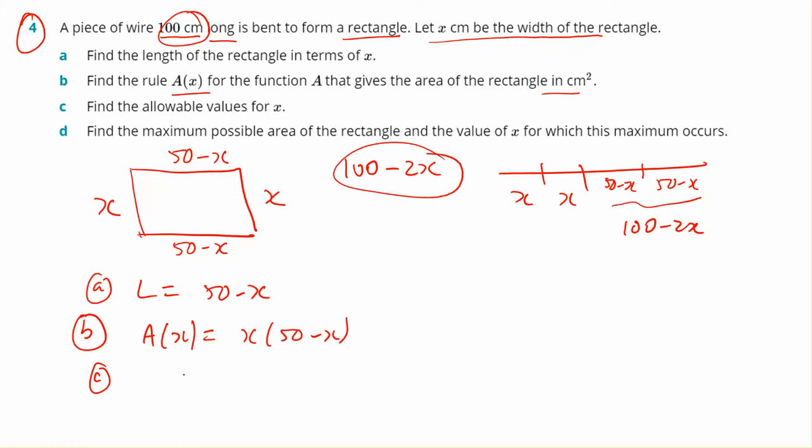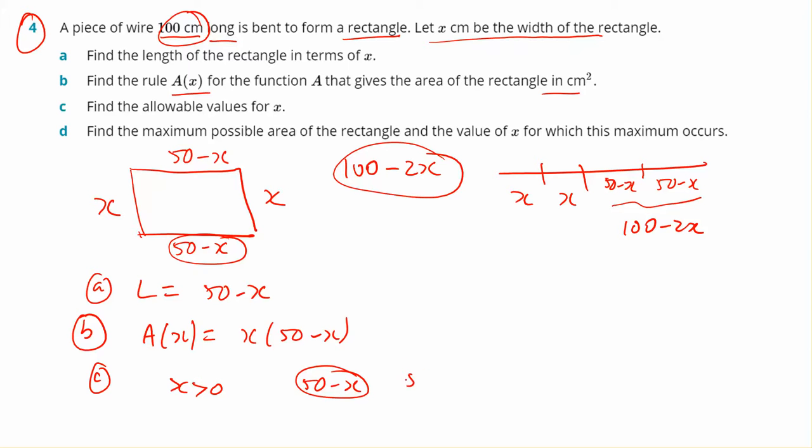We know that obviously x has to be greater than 0. Also, the length is 50 minus x. Now, 50 minus x has a restriction on its own because we don't want this overall to be negative. It's going to be negative if x is greater than 50, because if x was 51, say, then the length would be negative 1, which is nonsense.